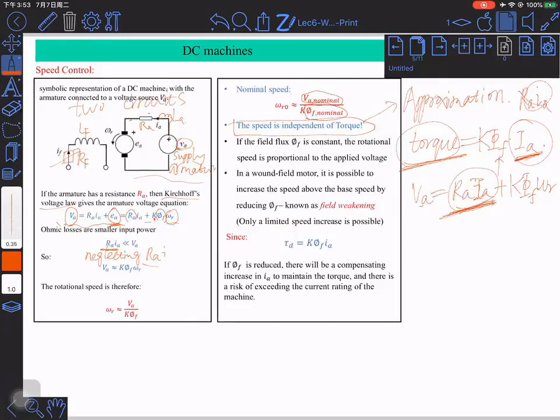And that's what we were talking about regarding the speed. It's not really totally independent of the torque. Only when you have a torque current which is producing a negligibly small RAIA, only at this time you can say that the speed is independent of the torque.